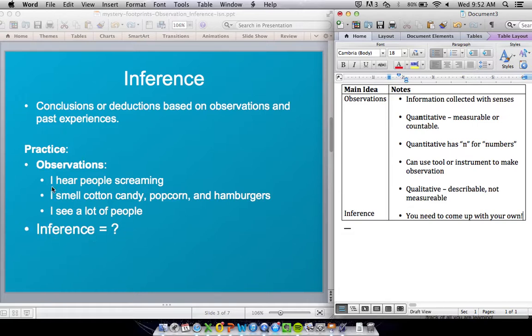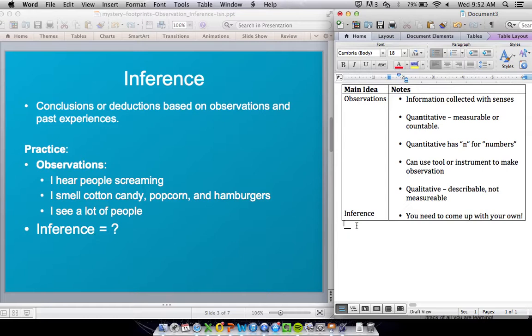If all you had was the first observation, I hear people screaming, there are lots of inferences you could draw from that. But the more observations you get, the better your inferences can be. That's an important topic that you may want to make its way over to your notes. Just a hint.